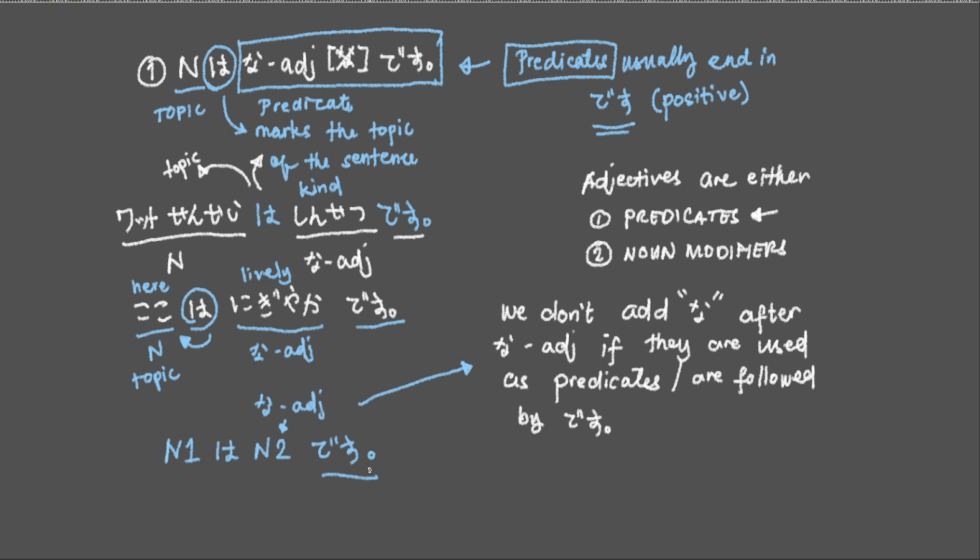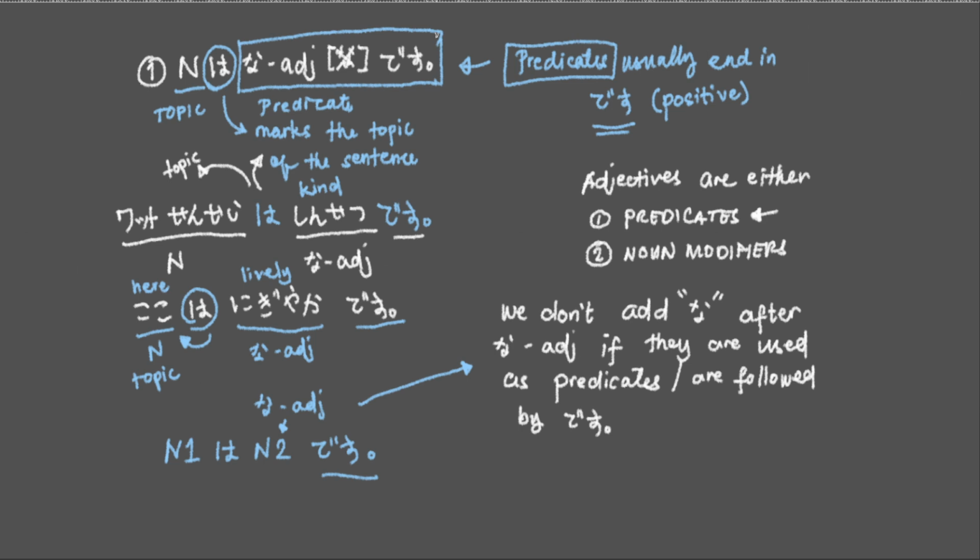Again, na adjective without the na usually is followed by desu. So noun, which is the topic, wa, the particle we use to mark the topic, na adjective without the na, desu.